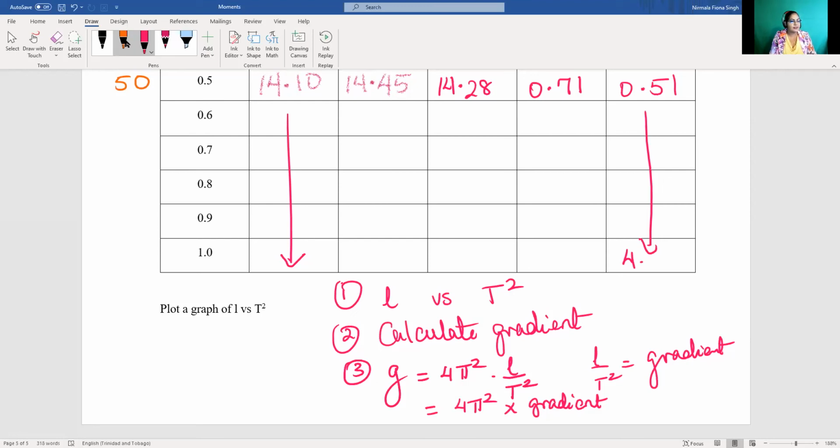Just to give you a little tip, on average, depending on what you use and how accurate you are, your gradient is usually anywhere between 0.20 to 0.3, with the ideal value being 0.25. No matter what apparatus you use, you should get the gradient to be about 0.25 or a little above 0.25. So don't worry about it.